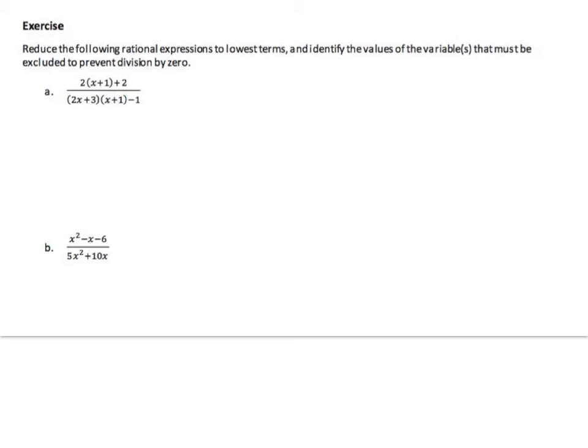Distribute the numerator. So I have 2x plus 1 plus 2 equals 2x plus, oh, found a mistake already. 2x plus 2 plus 2, which gives me 2x plus 4. Now the denominator. Let's FOIL this first. I get 2x squared.